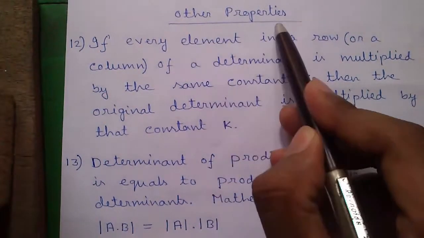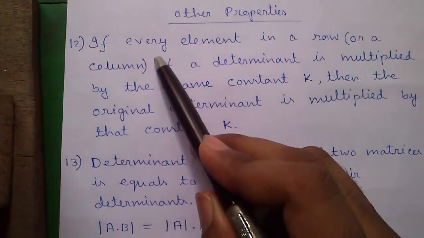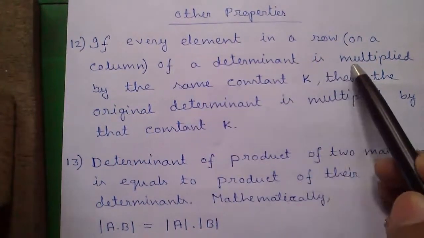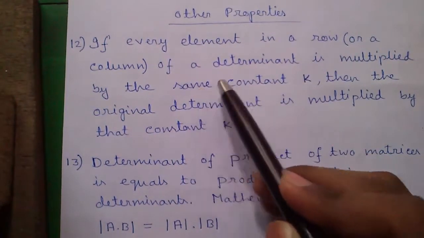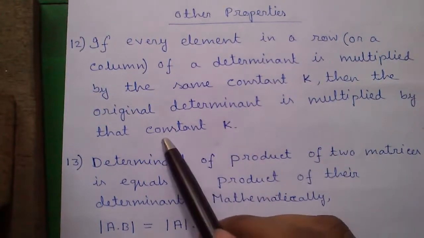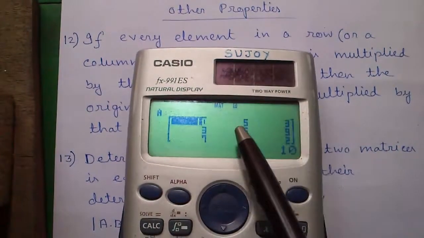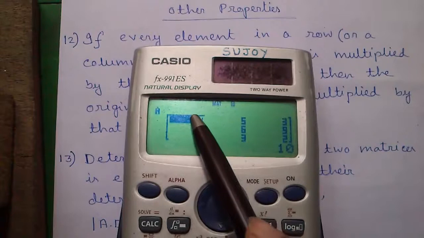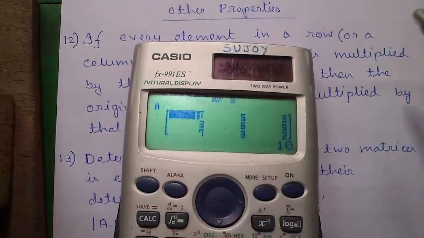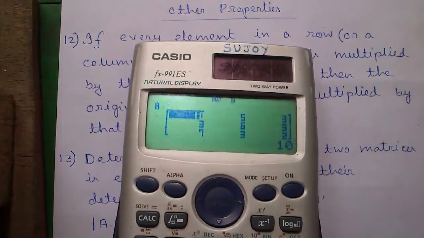Next we will discuss some other properties of determinants. The 12th property: if every element in a row or a column of a determinant is multiplied by the same constant k, then the original determinant is multiplied by that constant k. So we have a matrix A. If we multiply any row or any column by any number, then our determinant will be multiplied by that number also.